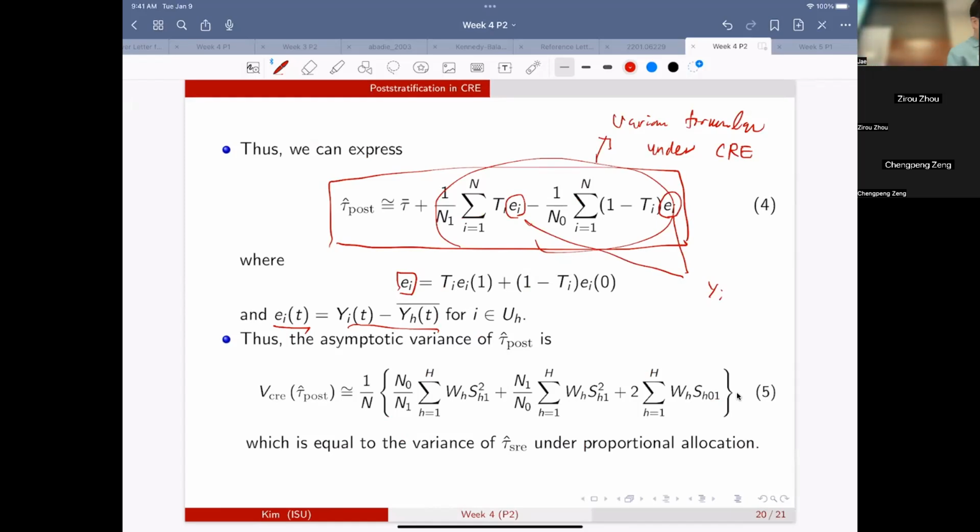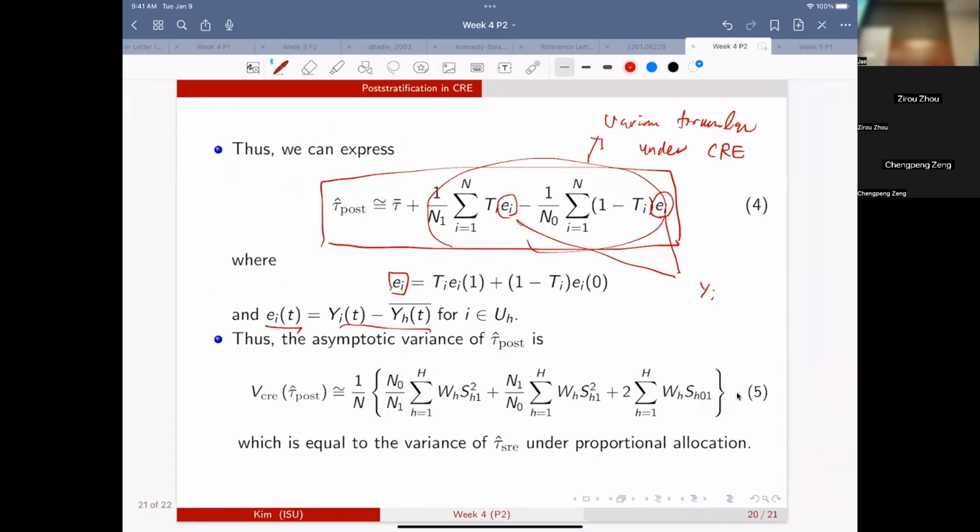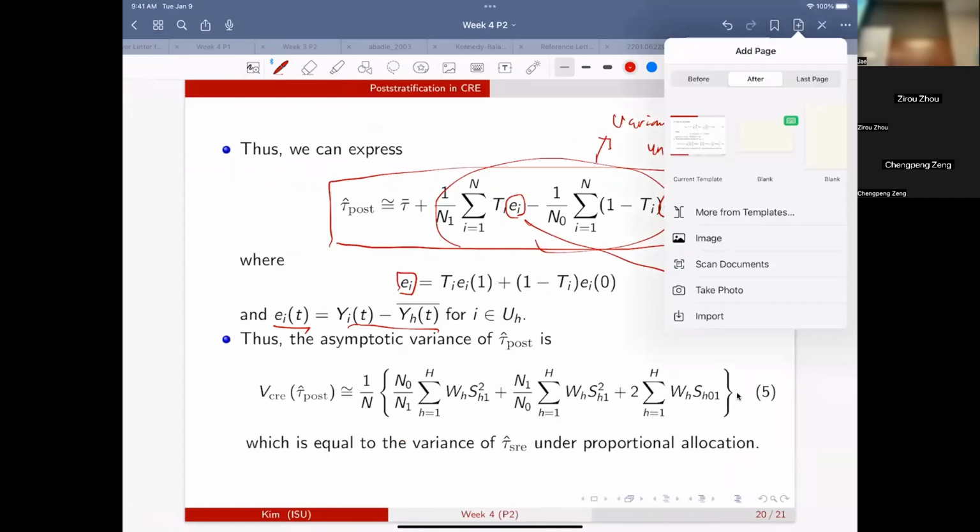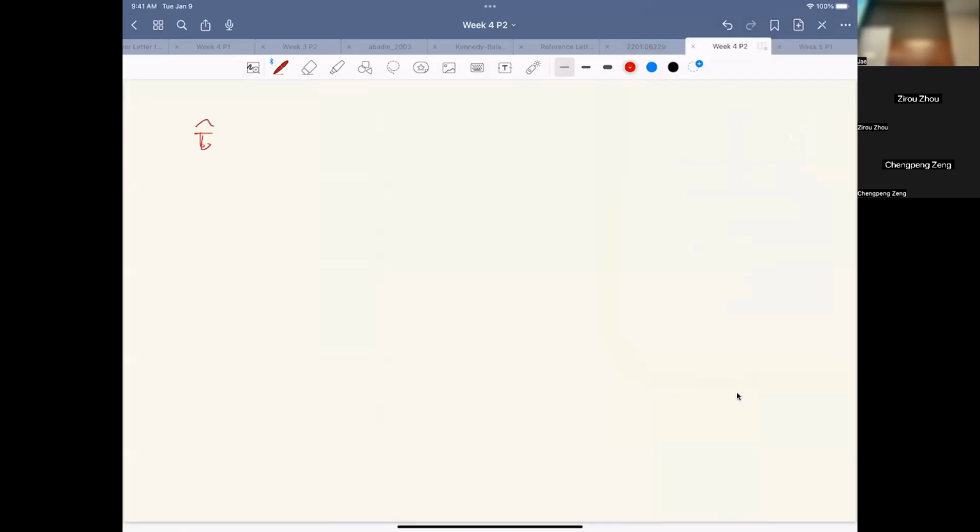So originally, the variance of tau hat, the original estimator is (N1 over N) sum of ti yi over n1 minus (N0 over N) sum of (1 minus ti) yi over n0.